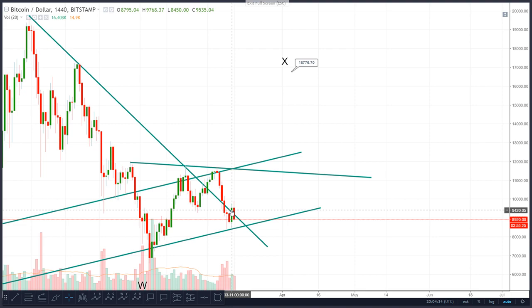This was Sunday, this was yesterday's daily close, and it finished above this line. Yeah, the closing price is very important, and this would have coincided with the weekly close. So yesterday's close would have been the weekly close, and it finished above that line, which is a positive sign. It's a bullish signal, further supporting that this is a turnaround point right here.